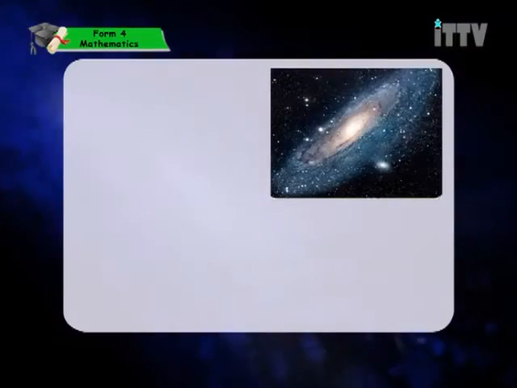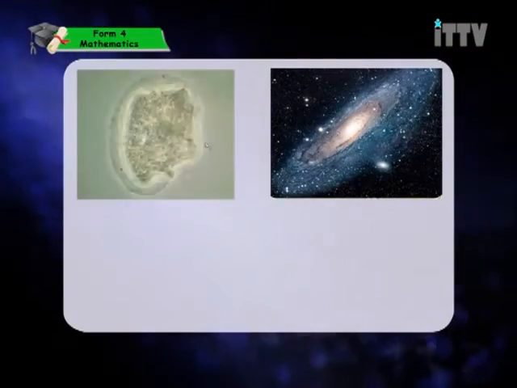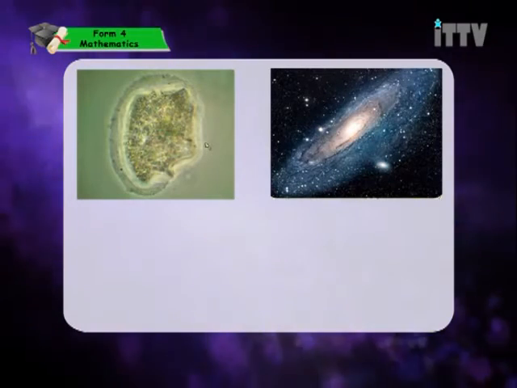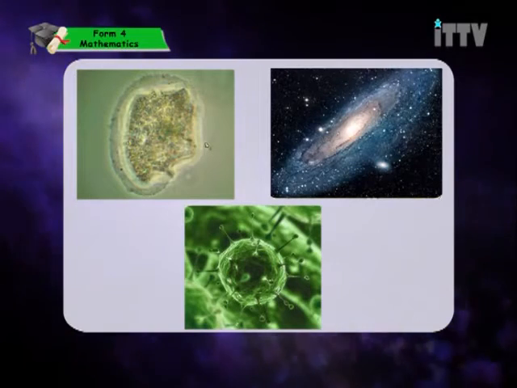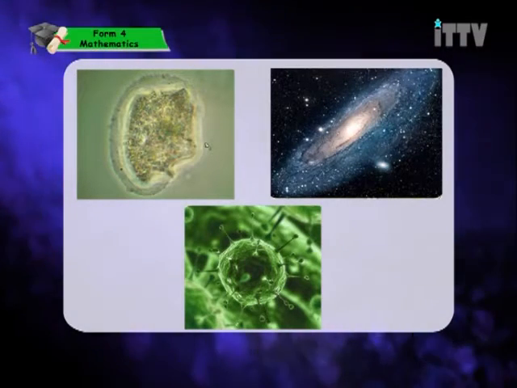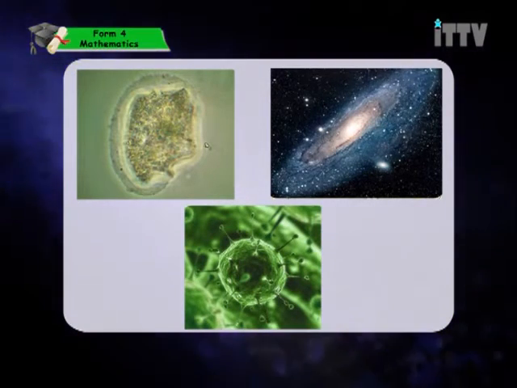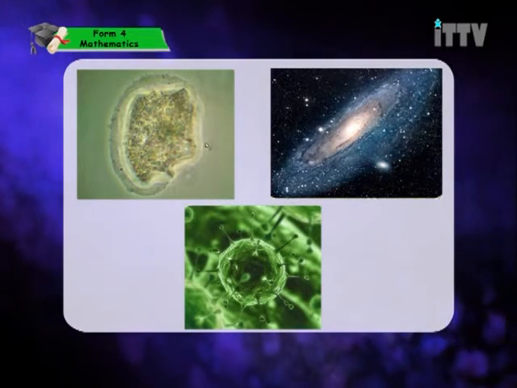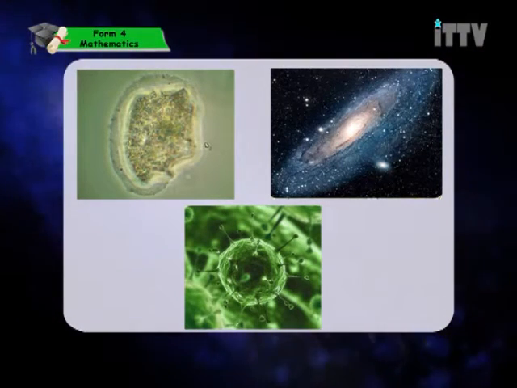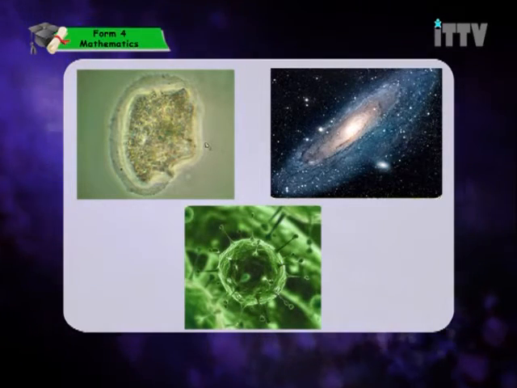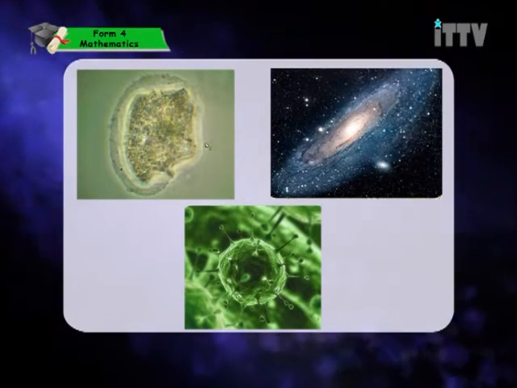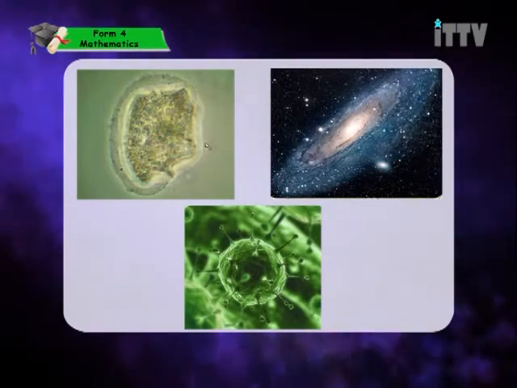Alright, so what is this standard form? Standard form of a number is written as a times 10 to the power of n, where a is any number between 1 to 10 inclusive of 1 and n is an integer. Alright, let's look at what is the standard form of writing a number again.